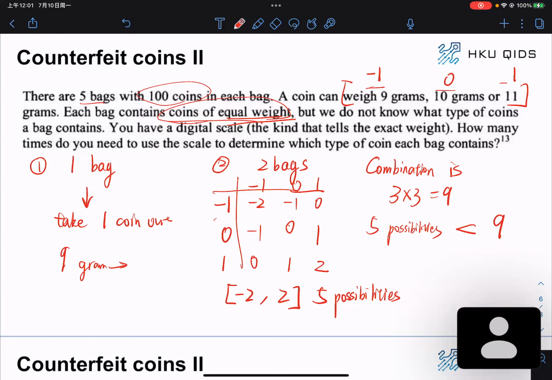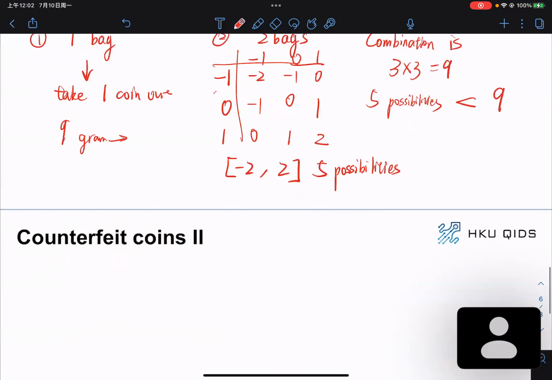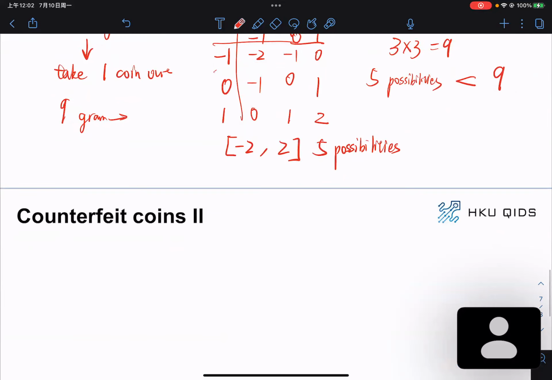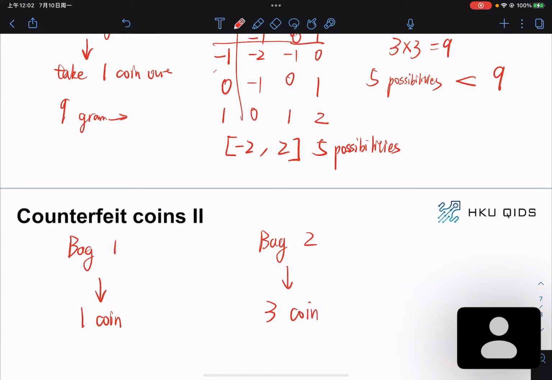So how many do we need to take? The thing is that we need to take 3 coins from the second bag. Why is it the case? For bag 1, we take 1 coin, and for bag 2, we take 3 coins.